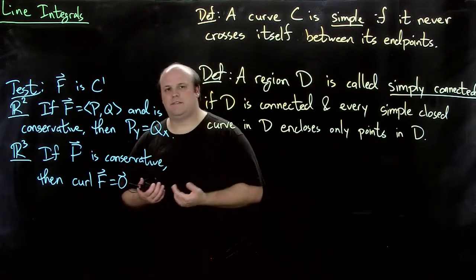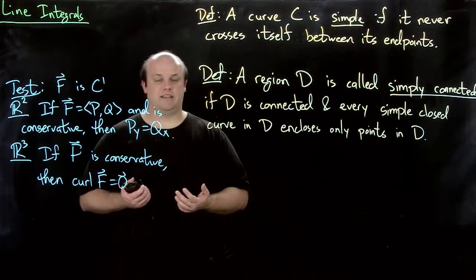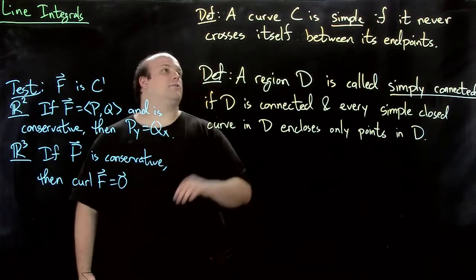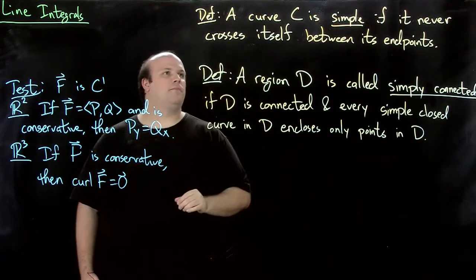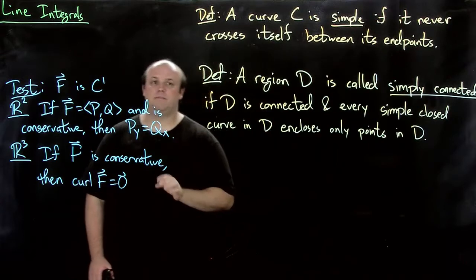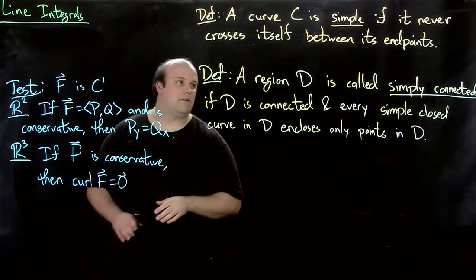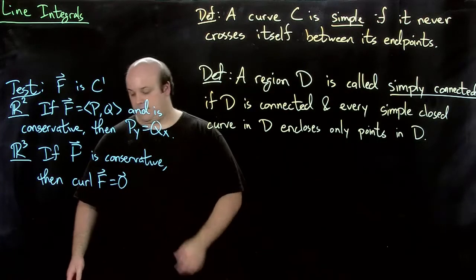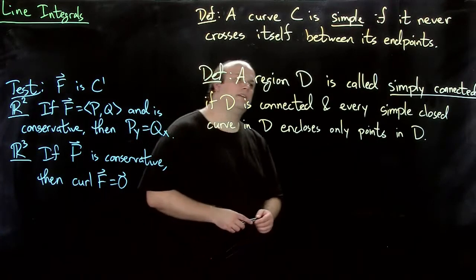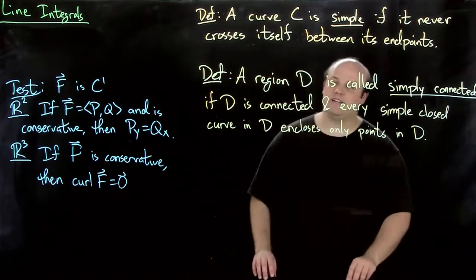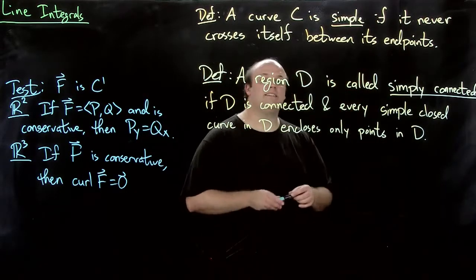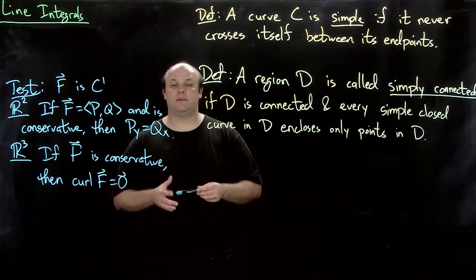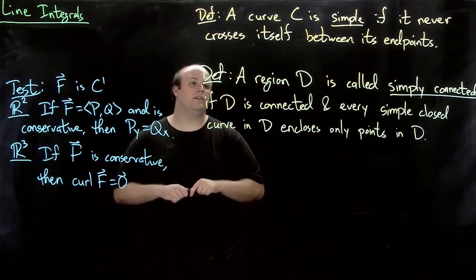Well, it turns out we have to restrict to very special sorts of things. So let's talk about two definitions real quick. A curve C is simple if it never crosses itself between its endpoints, right? And then we say a region D is simply connected if every simple closed curve in D only ever encloses points in D, right?